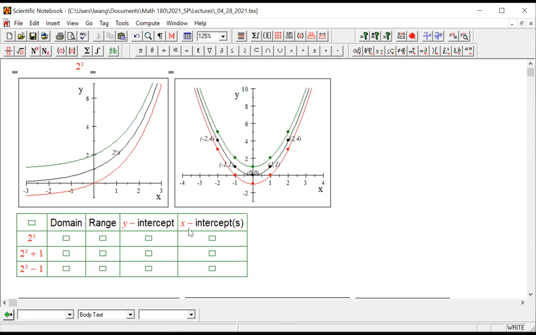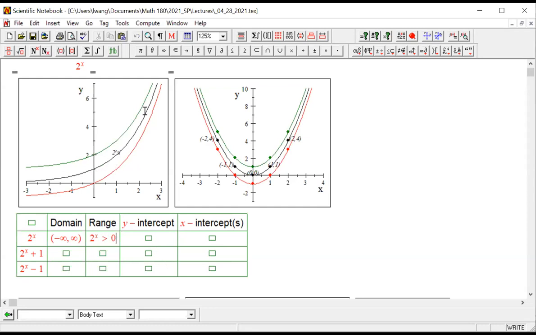Now you're going to help me. Domain, of course, we know for 2 to the power x is from negative infinity to positive infinity. And the range for 2 to the power x is larger than 0.